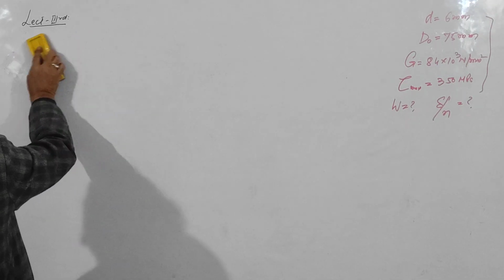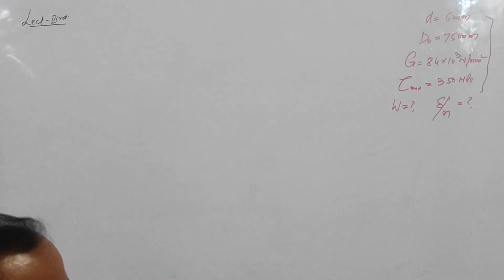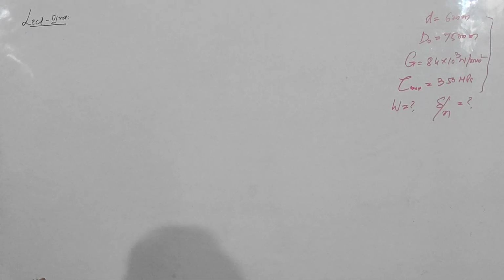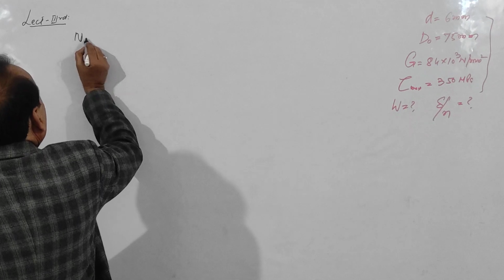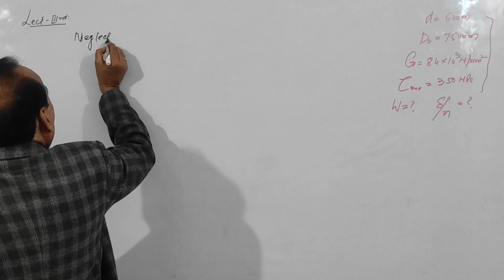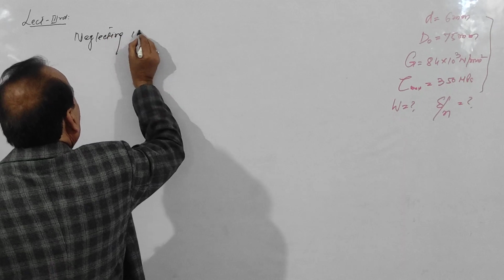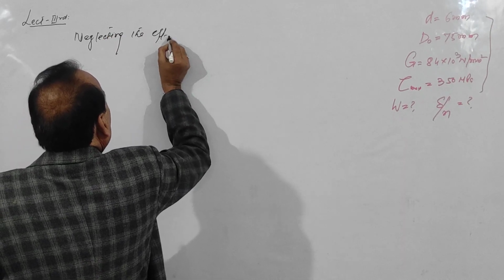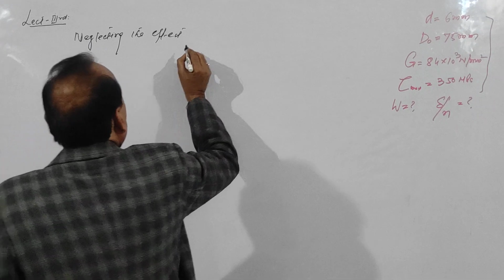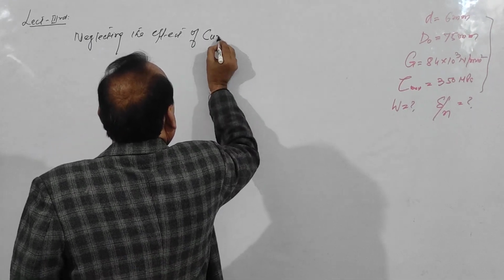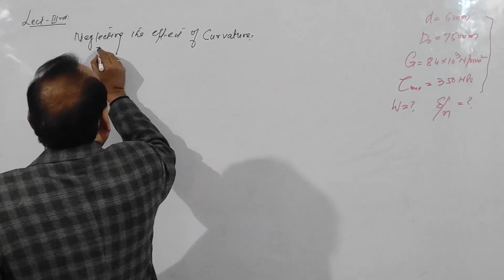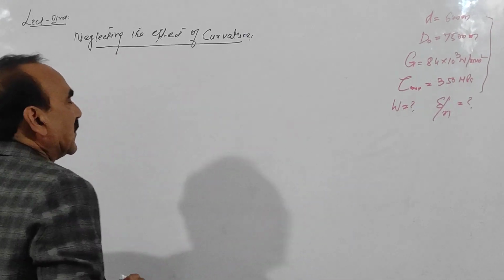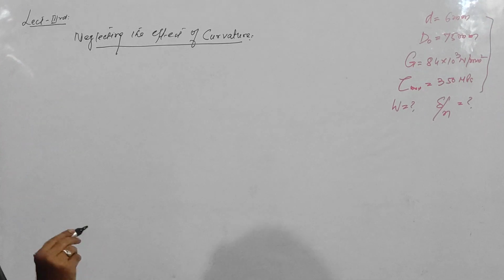Right. Just see here. Now I will start the problem. This is given here. Try to understand. First I will do it neglecting the effect of curvature, right? So first what will I do, sir? Let me calculate the mean diameter.